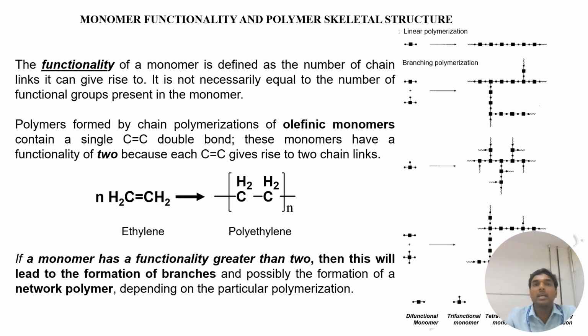If there is a double bond or functional group on both sides, then it will form a chain. There is even a possibility of branching along with the main chain, and lots of branches are possible because polymerization can happen in different branches also. It is a difunctional molecule, a trifunctional molecule, or tetrafunctional with more and more functional groups, and the polymer structures become more and more complicated.